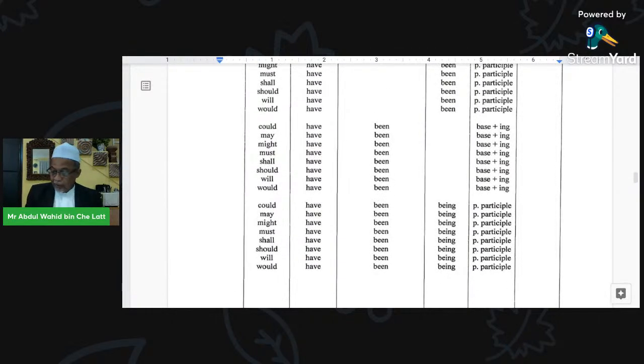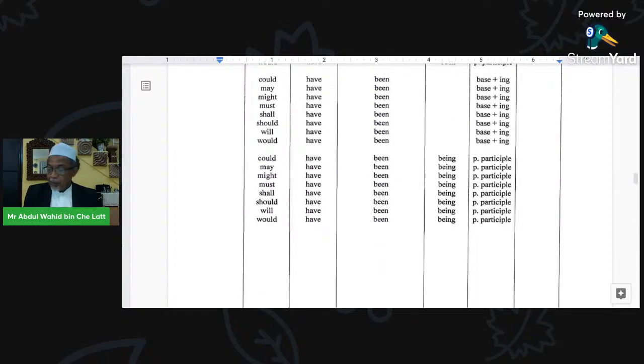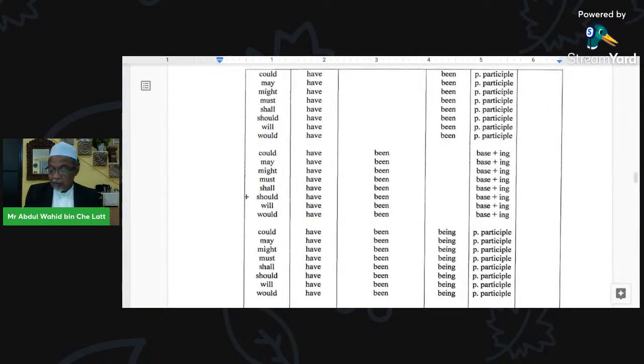So look at page 23. Put your ruler under the word might in column 5, have column 4, been column 3, being column 2, past participle column 1. So therefore the verb phrase will be might have been being kept. Okay, therefore the whole sentence should read, the Iraqi prisoners might have been, sorry, it's not kept, tortured, yeah?